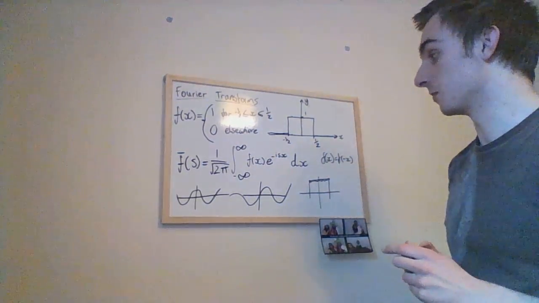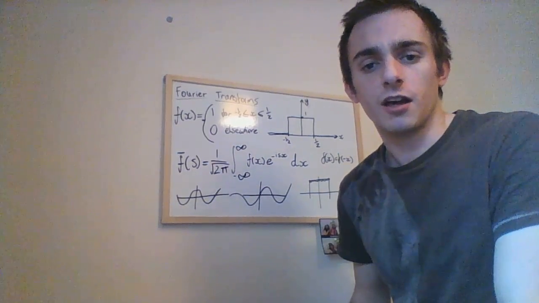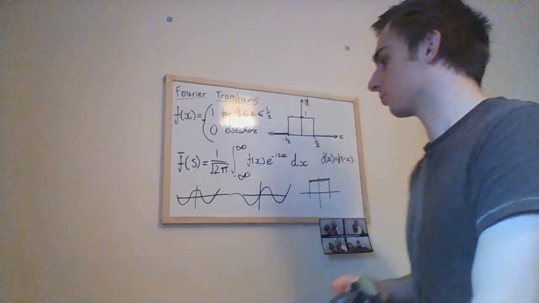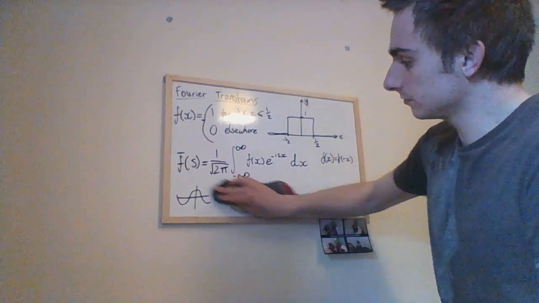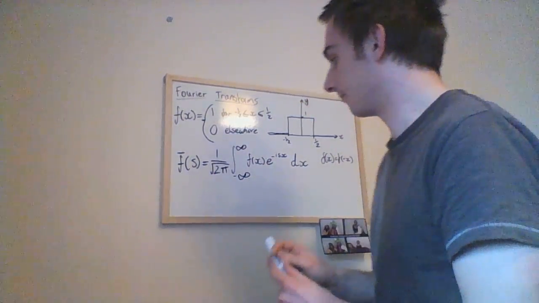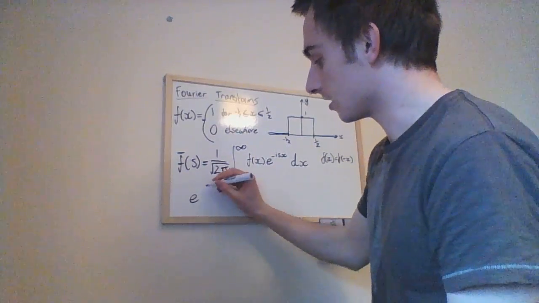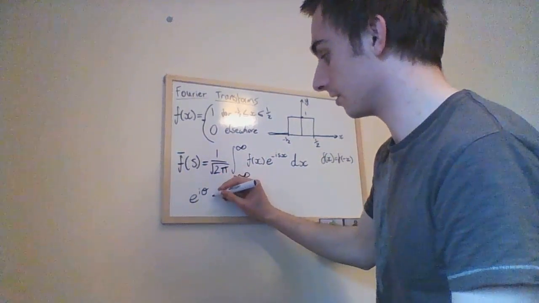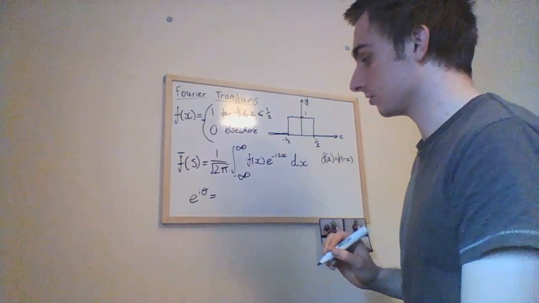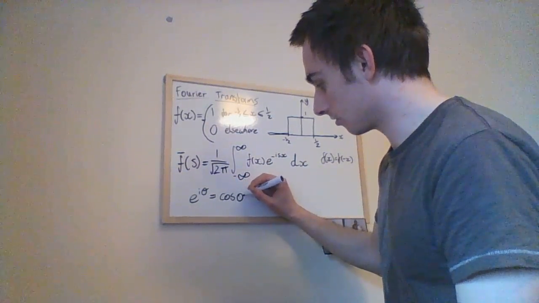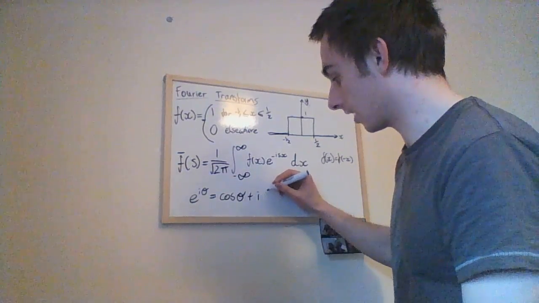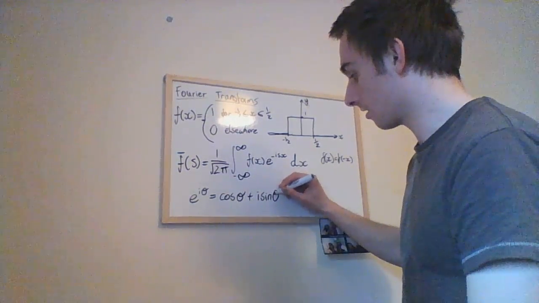So that's how we would make them, and that's really, in a sense, what a Fourier transform is. So if we remember Euler's formula, e^(i theta) equals cos theta plus i sine theta.